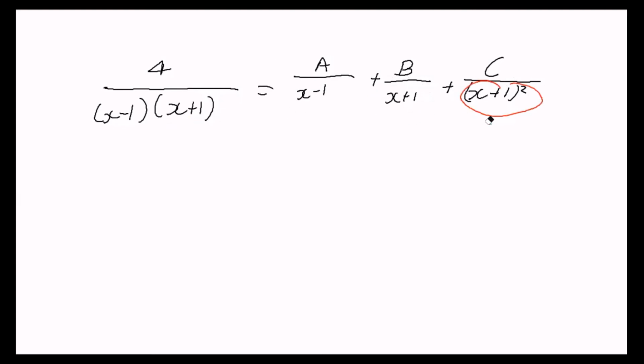If that was to the power of 3, let's say, then I would add d over x plus 1 to the power of 3. So you step up to it. That makes sense, because you'd need an x and an x squared and an x cubed. So exactly, the more powers you add, the more powers on the x you need to add on. So then you'd have to go one by one.